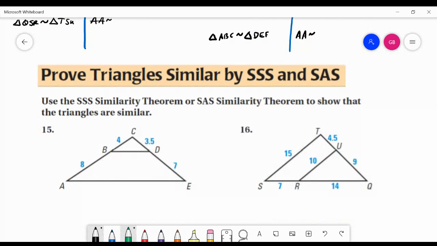These we're going to prove the triangles are similar by side-side-side and side-angle-side. Okay, so for the first one, let's see.